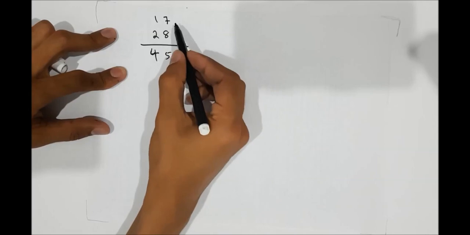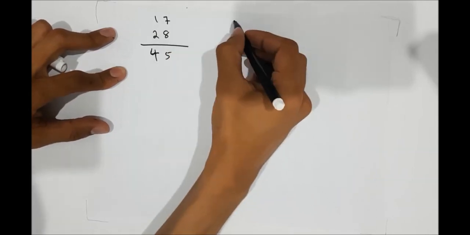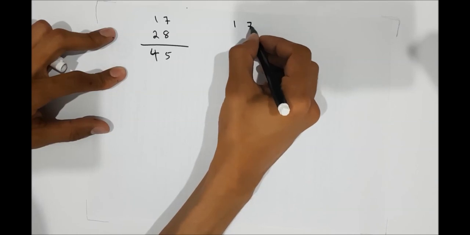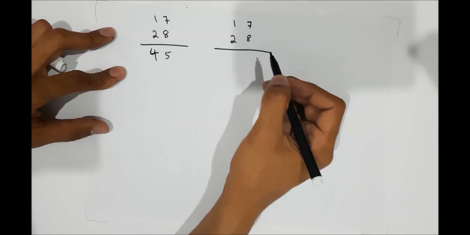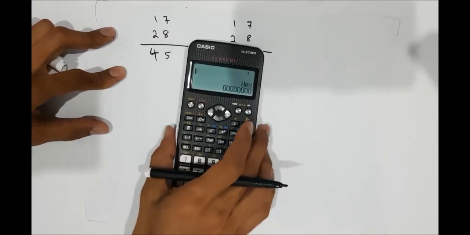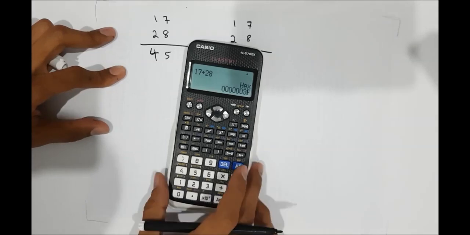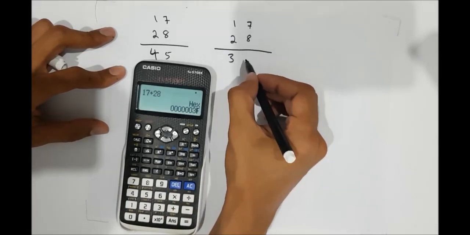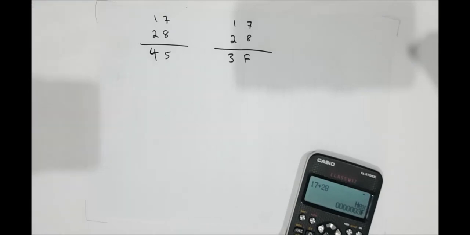But what does 17 mean in hexadecimal numbers? 1 and 7. And 28 means 2 and 8 in different locations. So let's try to add 17 and 28 in hexadecimal numbers. It is giving us 3F. It is not giving us 45.